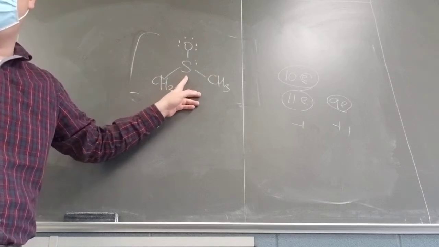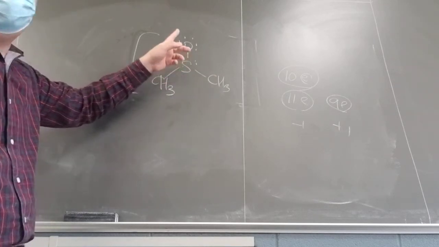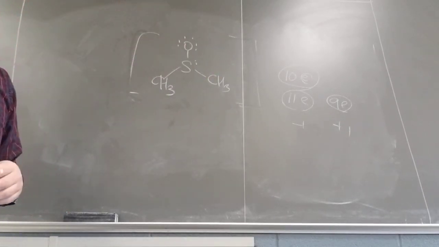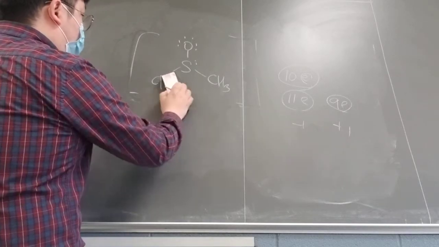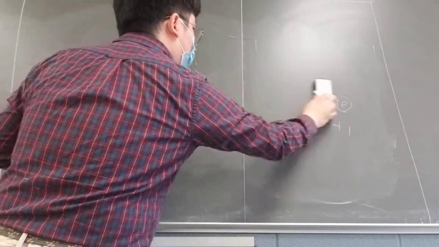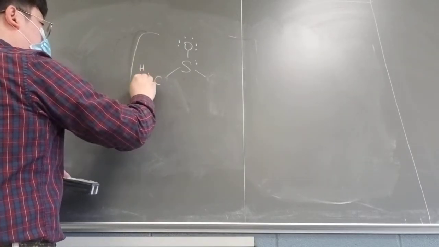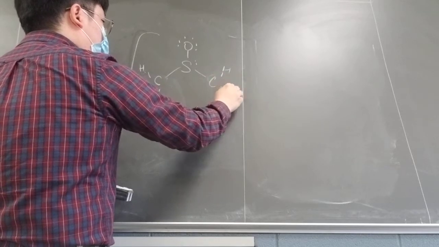You can tell me which carbon or which sulfur or oxygen will carry what charge, and then overall how much charge is on the whole compound. So maybe I'll draw it this way so you can more easily look at it.